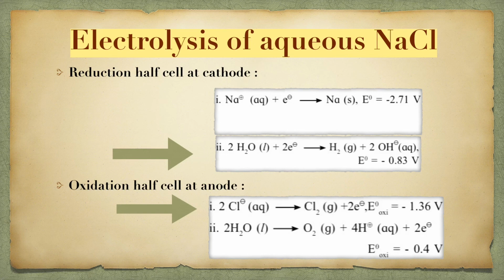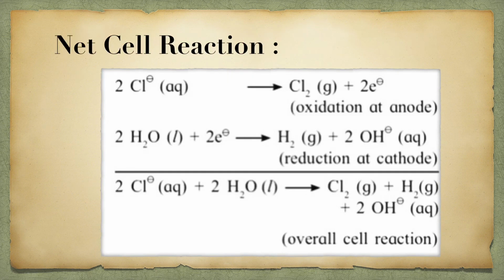These two reactions will be added to get the overall cell reaction. So the overall cell reaction is 2Cl- + 2H2O gives Cl2 + H2 + 2OH-.